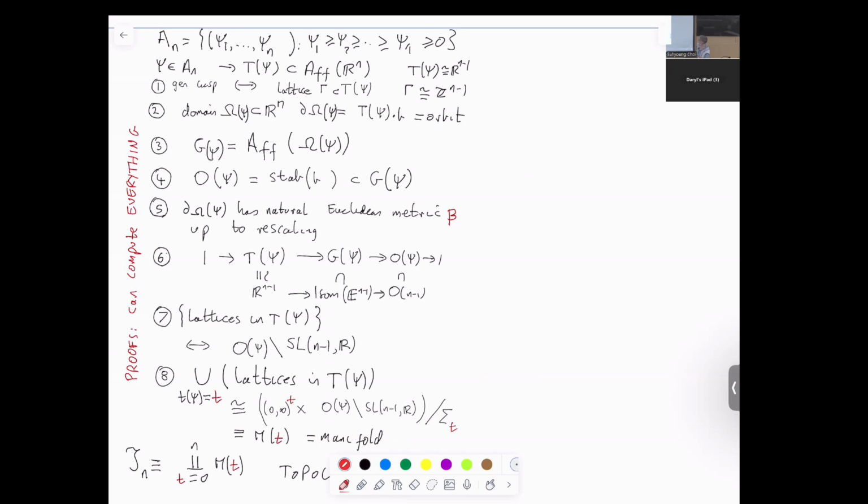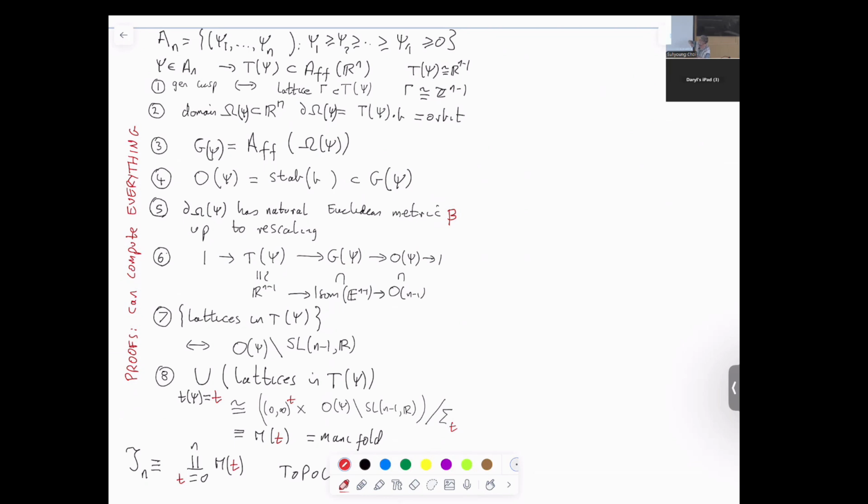If you take the group of affine transformations preserving this domain, that's a group called G psi. And inside that group, there is a stabilizer of a point. That's the orthogonal group that stabilizes the base point. So in particular, for type 0, we're talking about a horosphere in hyperbolic space.